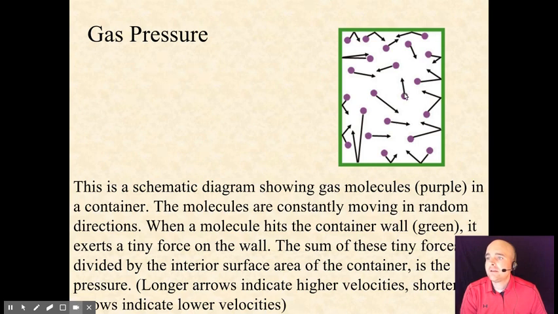You can see they all have their own independent directions, and the length of the vector, or the arrow, indicates the velocity of the gas particles. So that's how we would show those in diagram form.